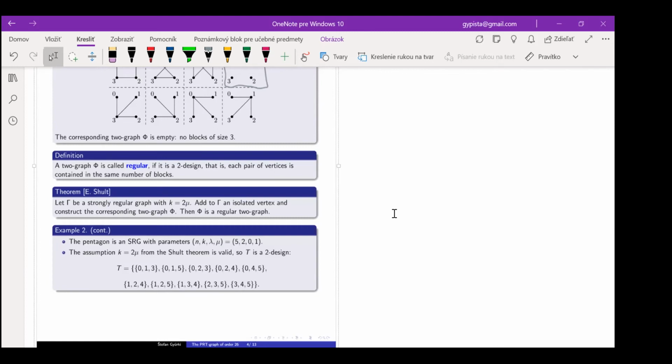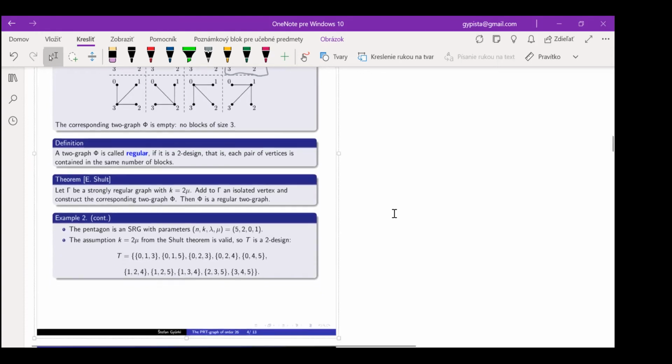So taking this graph and adding an isolated vertex, we can construct the corresponding two-graph, and his theorem says that this two-graph will be regular.